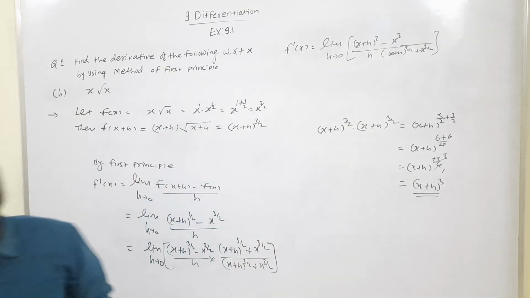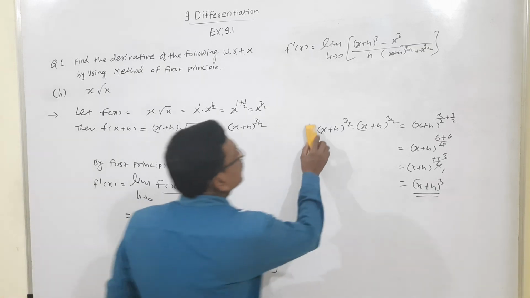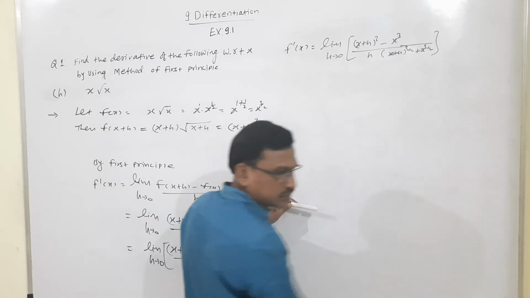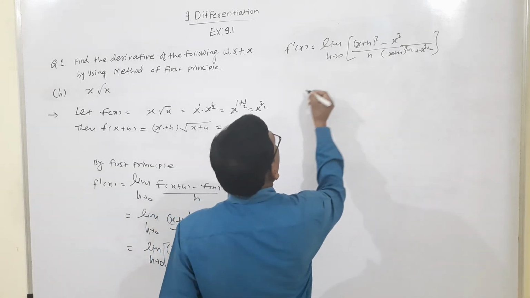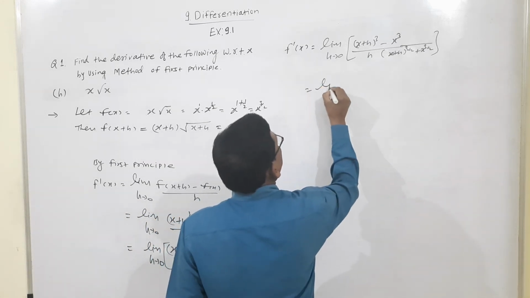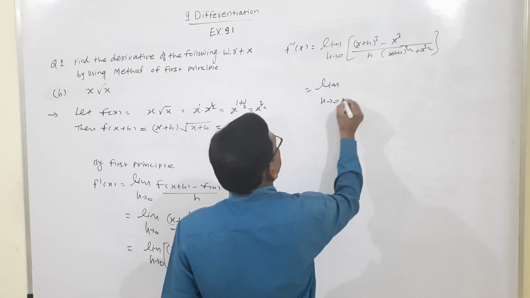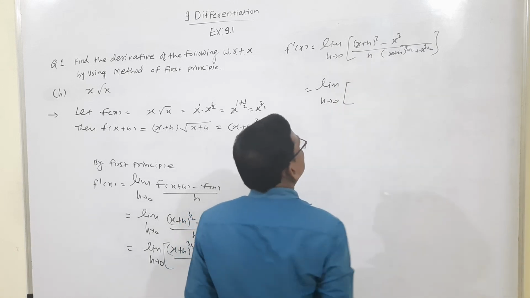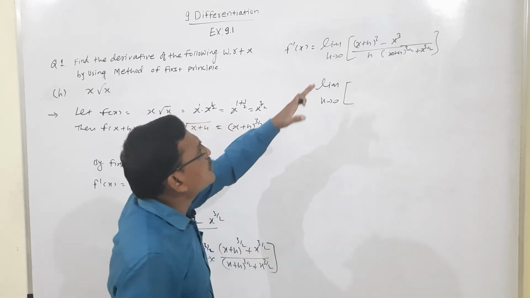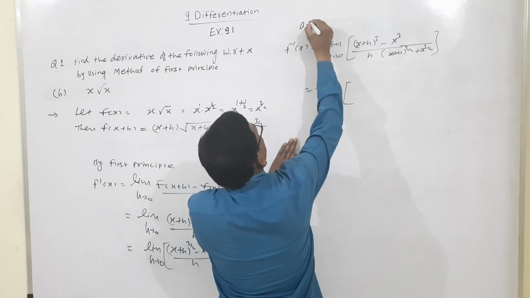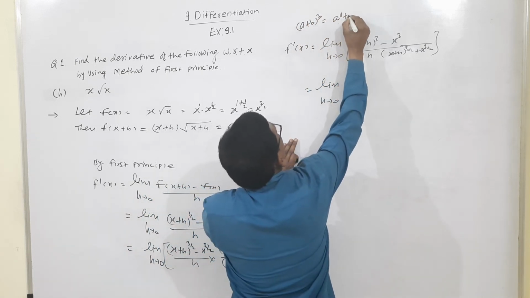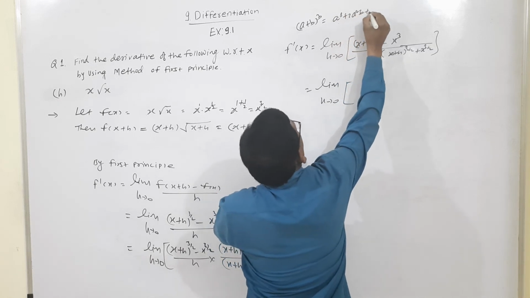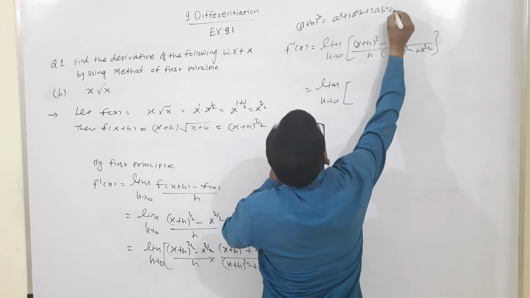So now we take its expansion as h tends to 0. For the expansion here we use a plus b whole cube. We have already studied a cube plus 3a square b plus 3a b square plus b cube.